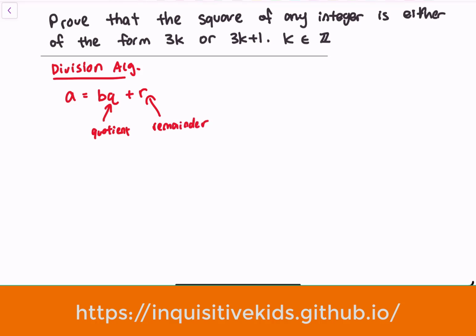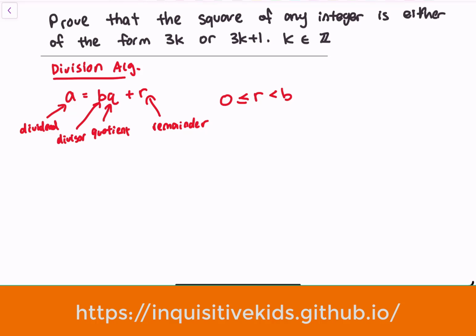If we're thinking about division, a is the dividend, and b is our divisor. We also have to remember that r in this case is less than b, the divisor. And it's either 0 if a is fully divisible by b, or it's a remainder, so it's greater than 0.